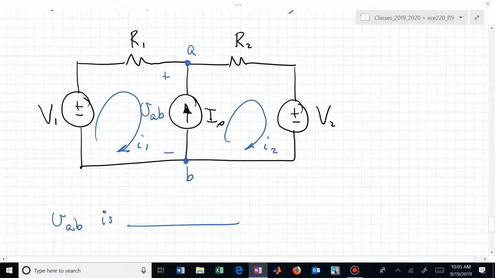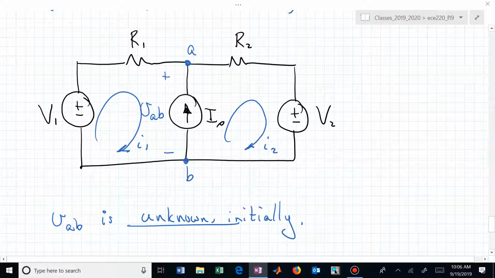Is it a given? I sub S is given. Do we now know what V sub AB is? No, we don't know it initially. So this is unknown initially, and we'll be able to find it if we can solve for the mesh currents I1 and I2.